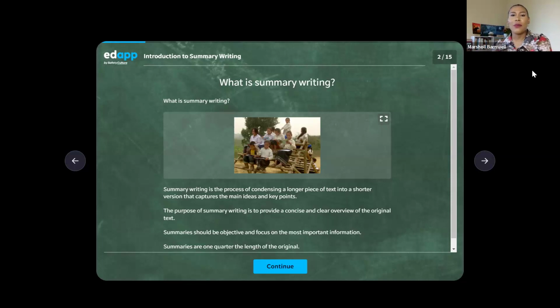You may also find a summary in the newspaper. So sometimes in the newspaper, you may see a link to another article, and you will just see a short section, maybe in bold print, that basically sums up what the entire article is about, or a small paragraph at the bottom of your movie on Netflix that sums up everything that the movie or the series or the episode is about.